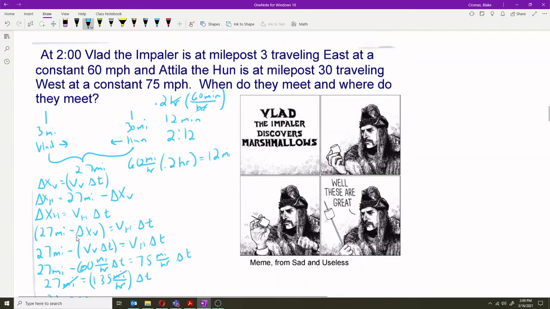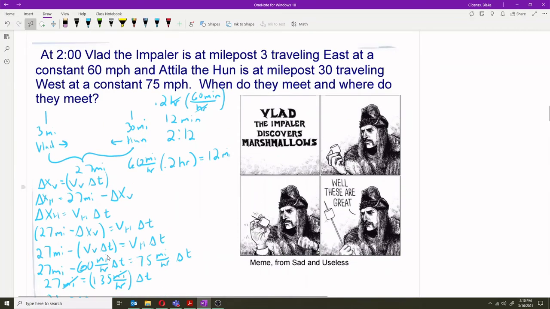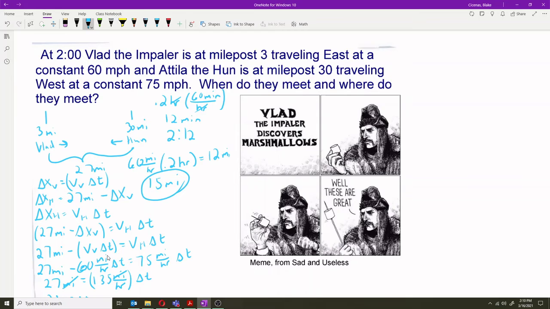And so Vlad, remember, started at mile marker 3, so I'm just going to add 12 to that, and he's going to be at the 15 mile marker. And so the key here is you've got two unknowns, you need two equations, and they differ in the distance.